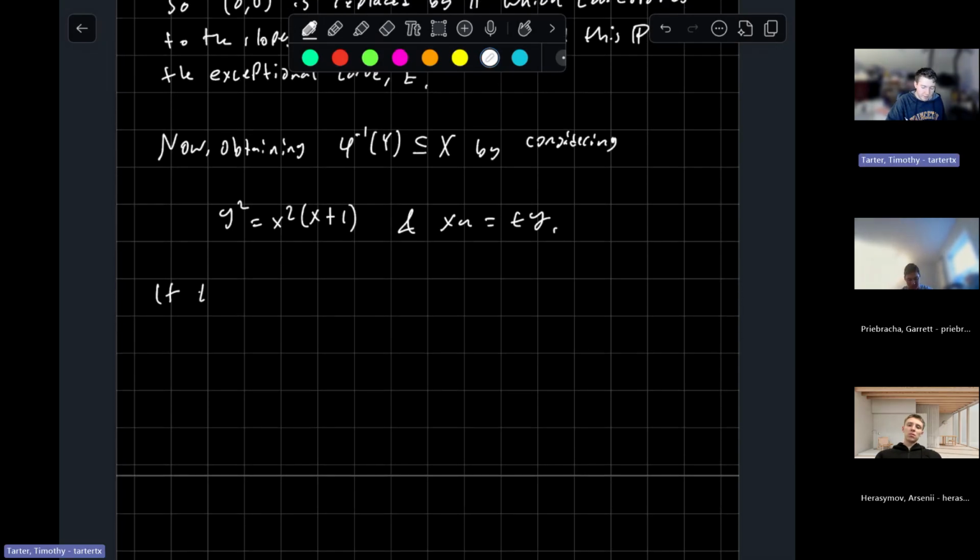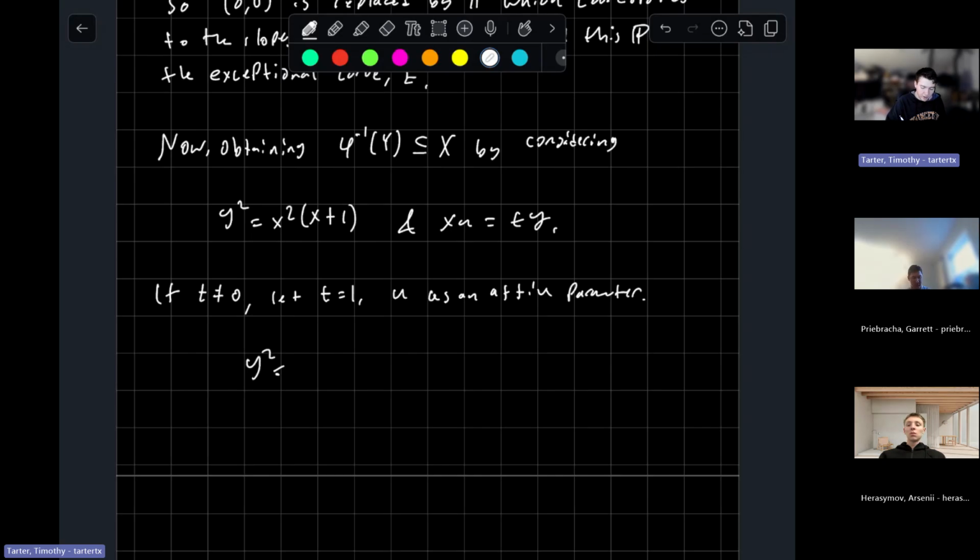So letting, without loss of generality, t be non-zero, let t equals 1, and u as an affine parameter.